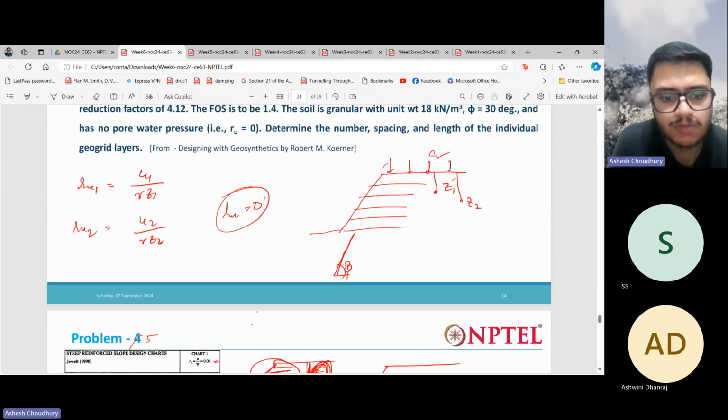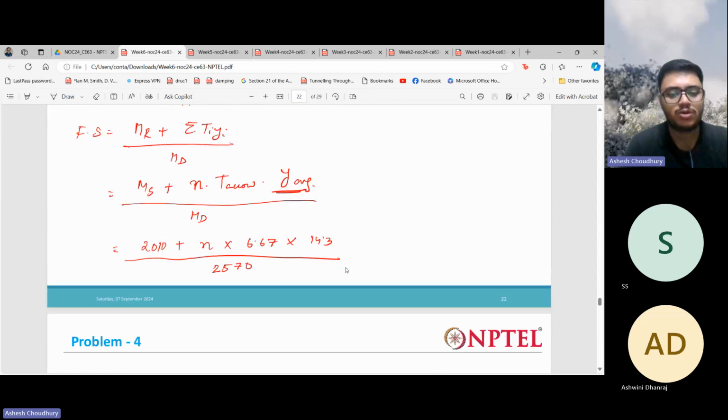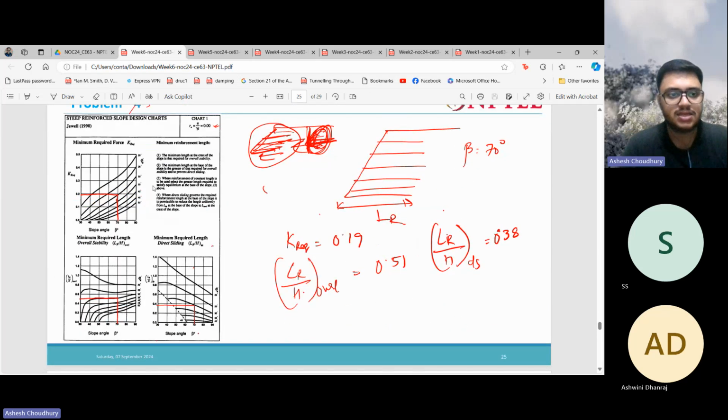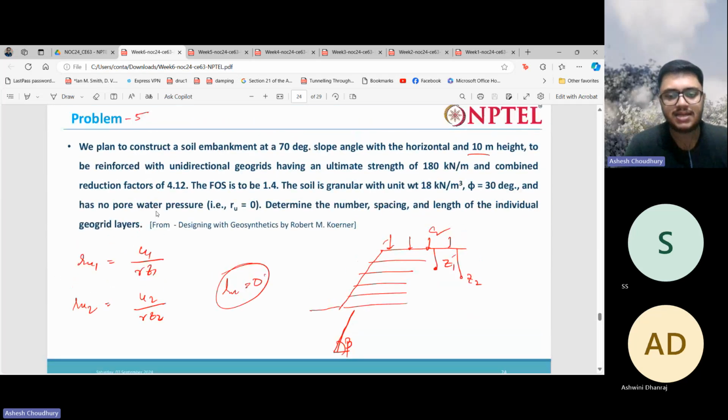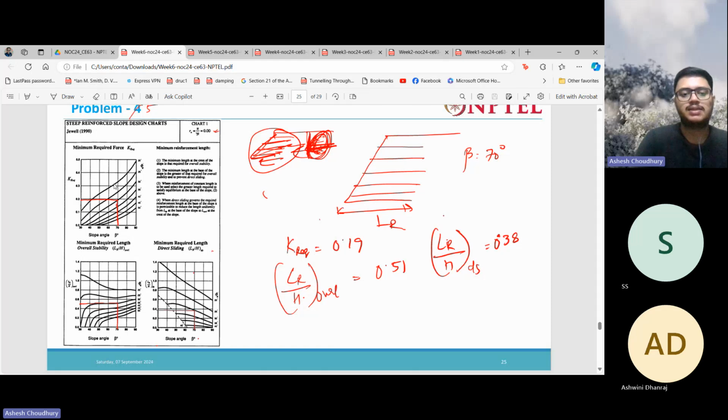So we discussed this Jewell's method on how to decide the length of reinforcement for designing reinforced slopes, how to choose the length of reinforcement and so on. This Jewell's method is a graphical method that we can use.